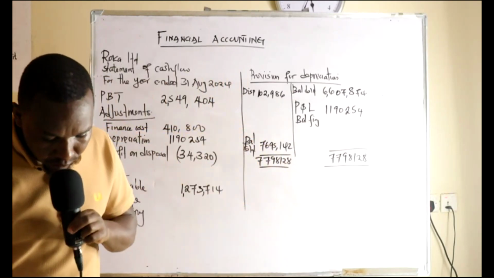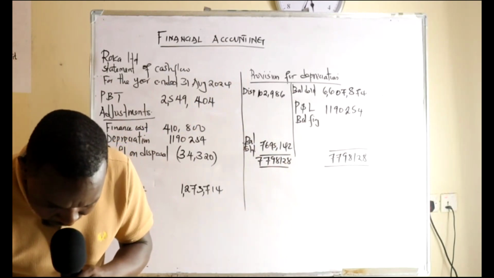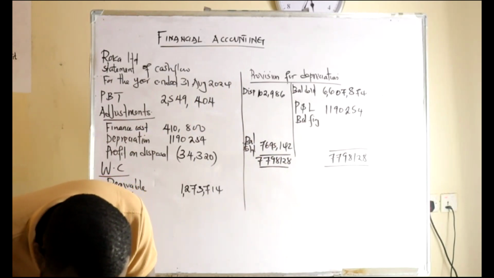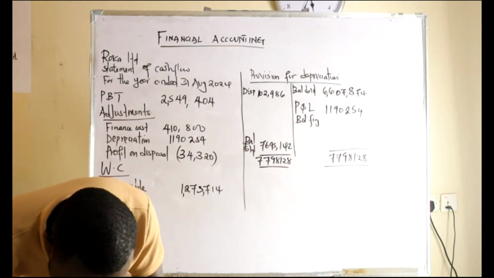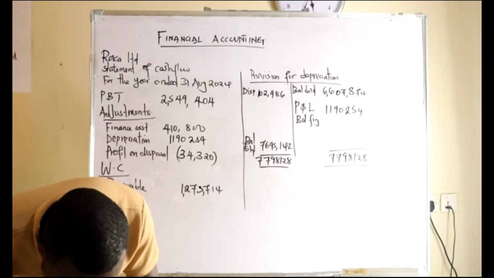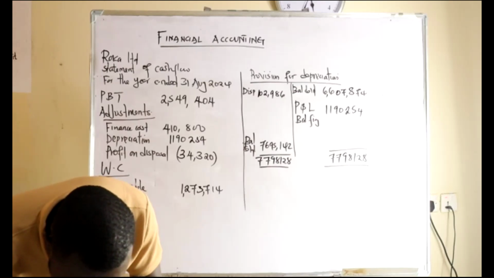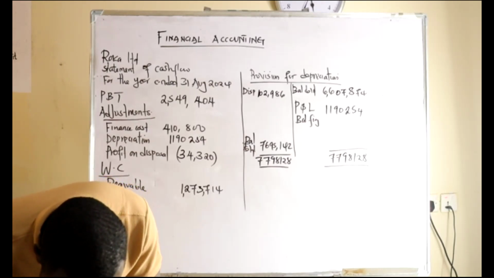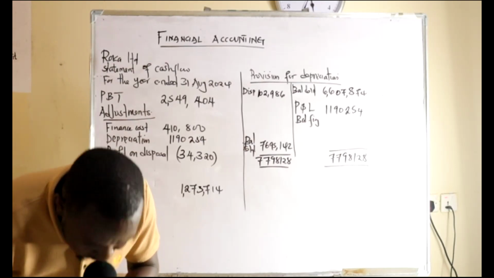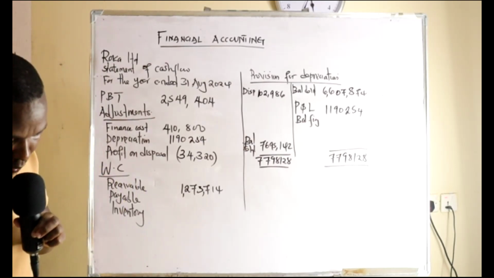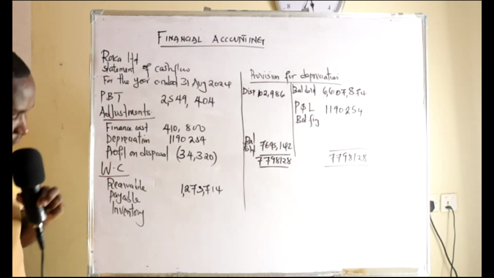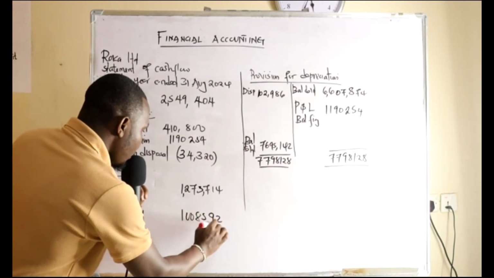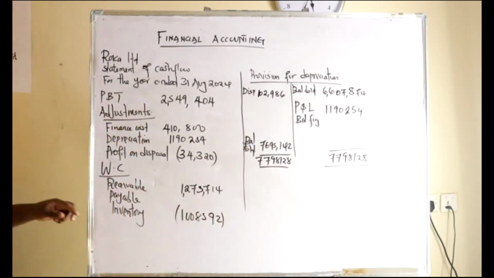Let's take the difference: 85,82,288 minus 75,73,696. So we have a difference of 185.92. This is the cash outflow.